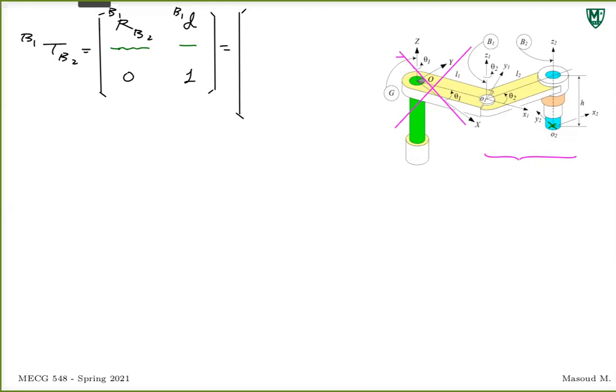What kind of rotation do we have? How does O2 rotate in B1? Isn't that also about the z-axis? Exactly. It's still about the z-axis, in this case z1, but it's still z. We are looking at the origin of x2, y2, z2, and we are following that point. So that point rotates about the z-axis, and it rotates by theta 2.